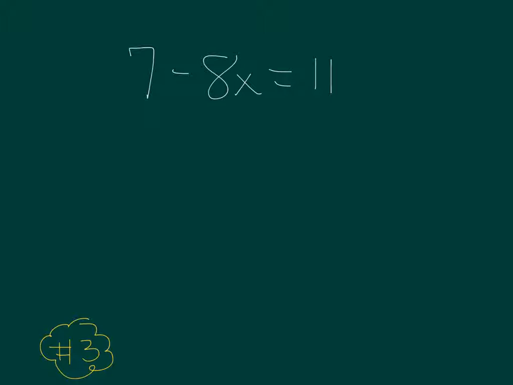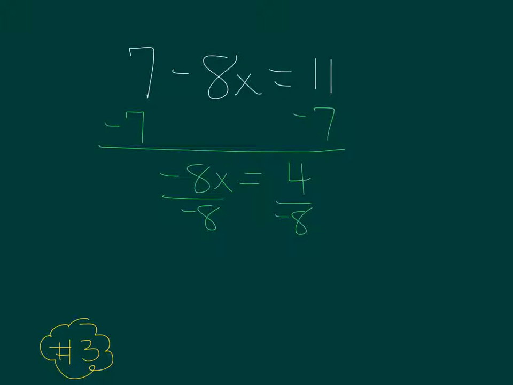What's my inverse operation to plus 7? I'm going to subtract 7, and whatever I do to one side, I have to do to the other. I have to bring down the -8x, don't forget that minus sign, equals 11 minus 7 is 4. Now, this is -8 times x. When it's written side by side with nothing in between, that's multiplication. The inverse operation to multiplication is division.